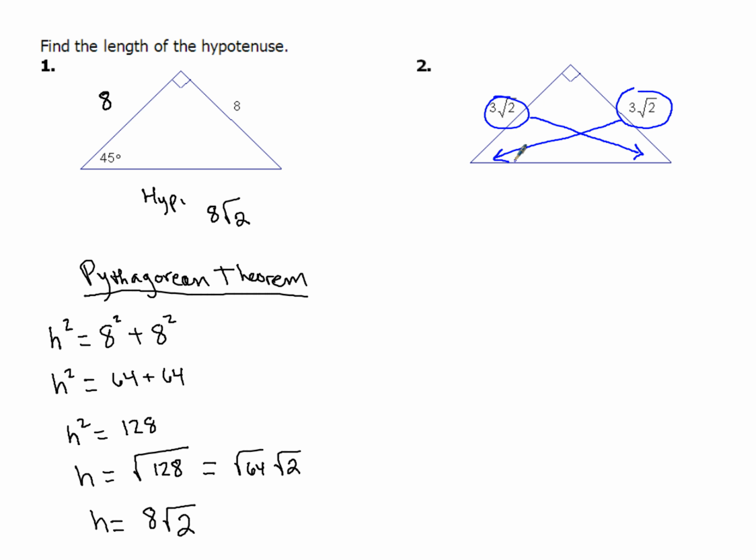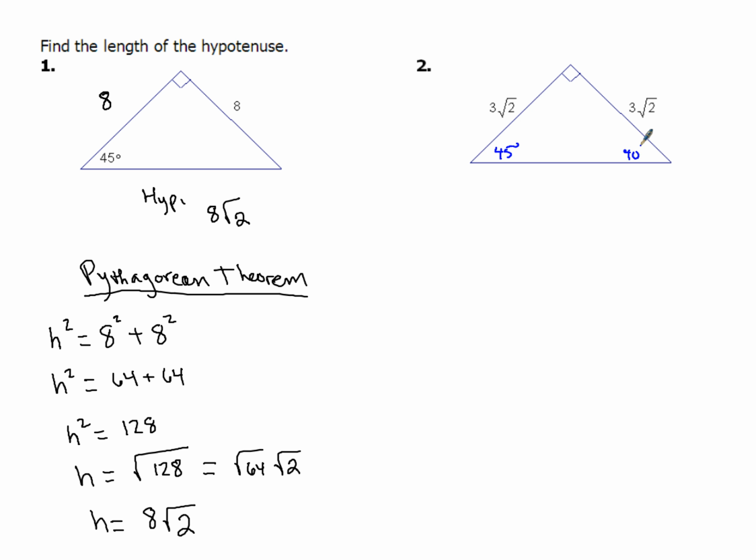So how do I know they're both 45 and not like both 30? Well, I'm glad you asked. That is because right here we've got a 90-degree angle, which means the other two angles have to have a sum of 90. So if they have to have a sum of 90 and they're both the same, that means each one of these angles would be 45 degrees. Booyah!